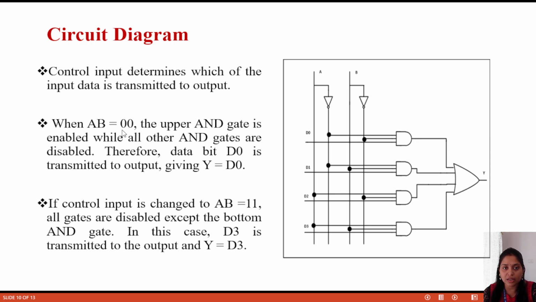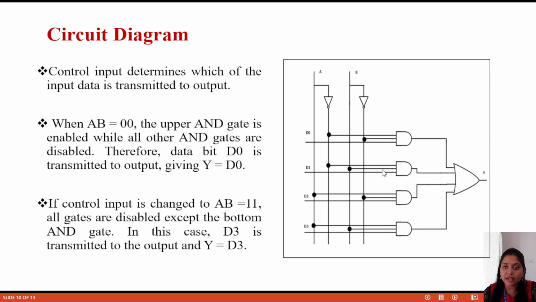Look at 0 0: only in this AND gate it works. When A is 0, A bar is 1, and B bar is also 1, and D0 is there, so all the inputs of this AND gate are high and it will work.